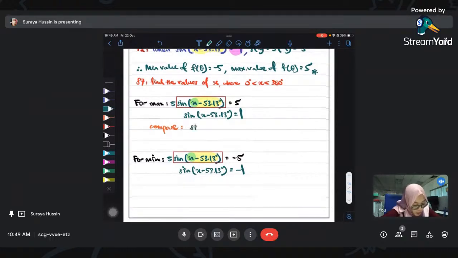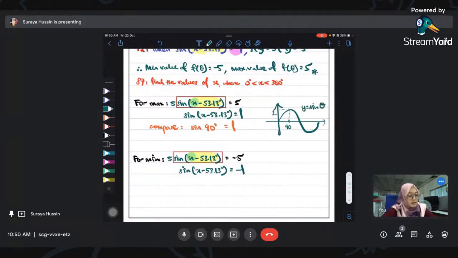We do compare with sine 90 degree is equals to 1. Memang sine 90 is equals to 1. Miss, how do you know it, Miss? I know it because I'm used to it. Okay, this is 90 degree. So 90 degree memang satu. So I know this is sine, this is graph untuk sine.